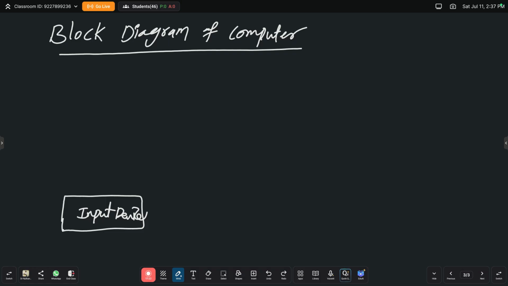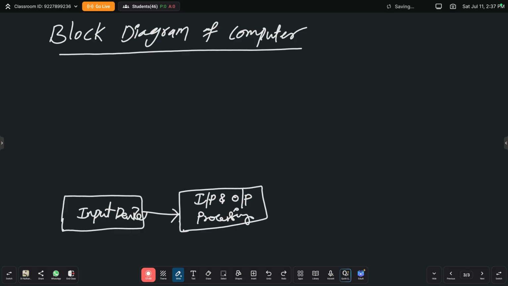So what is your machine going to perform? Input, output, and processing. Through input devices, you are giving input only. So you are not going to expect anything from your processor, correct? Yes or no?